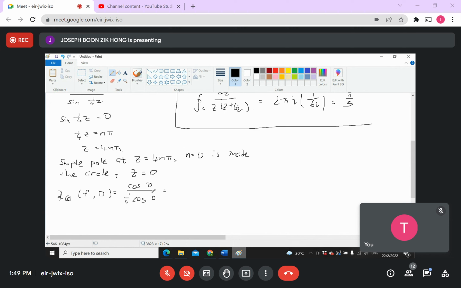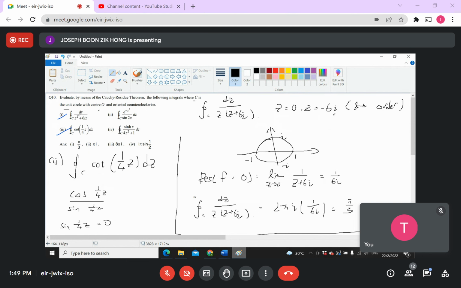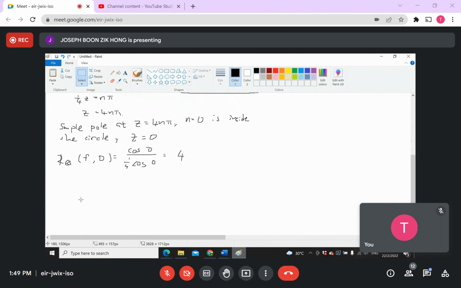So cos 0 divided by cos 0, what is left is only 4. So the answer is equal to 2 pi i times 4, which is 8 pi i. Have a look.